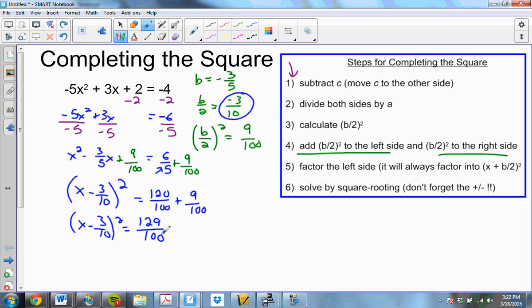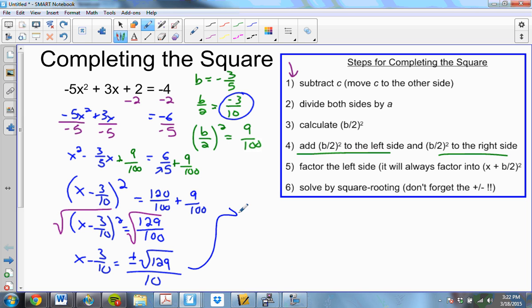And I want to get that x by itself, so I'm going to square root both sides. When I square root both sides, I have to get a plus or minus. So we have x minus 3 over 10 equals plus or minus. I can't square root 129. 129 isn't a perfect square, but 100 is. So we get the square root of 129 over 10.